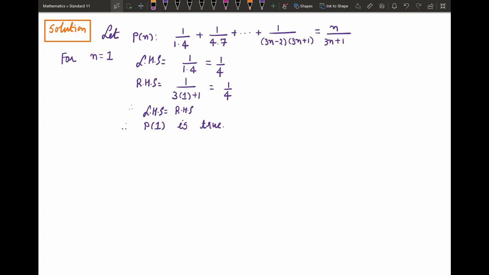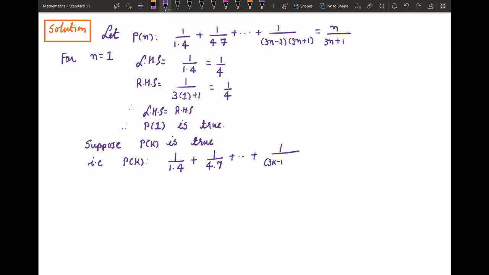So let us suppose P of k is true, that is 1 into 4, 4 into 7 and so on 1 upon (3k minus 2) into (3k plus 1) equal to k upon 3k plus 1.